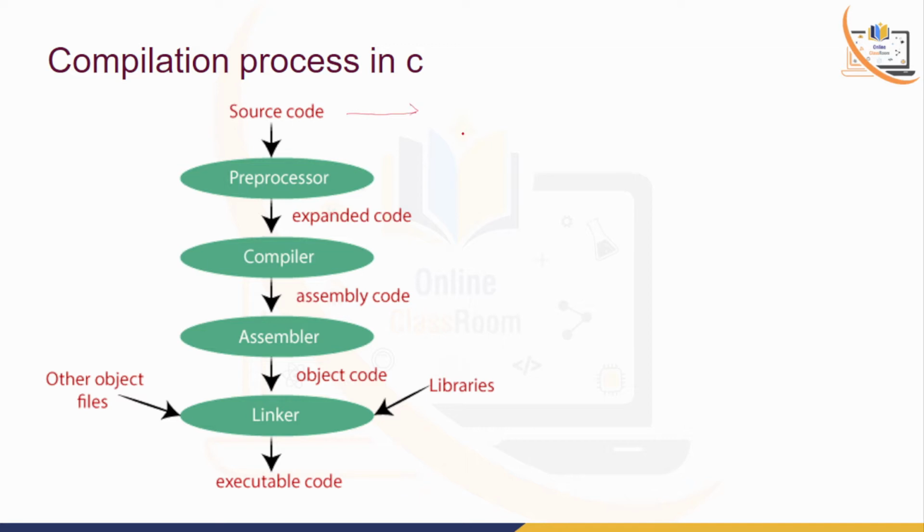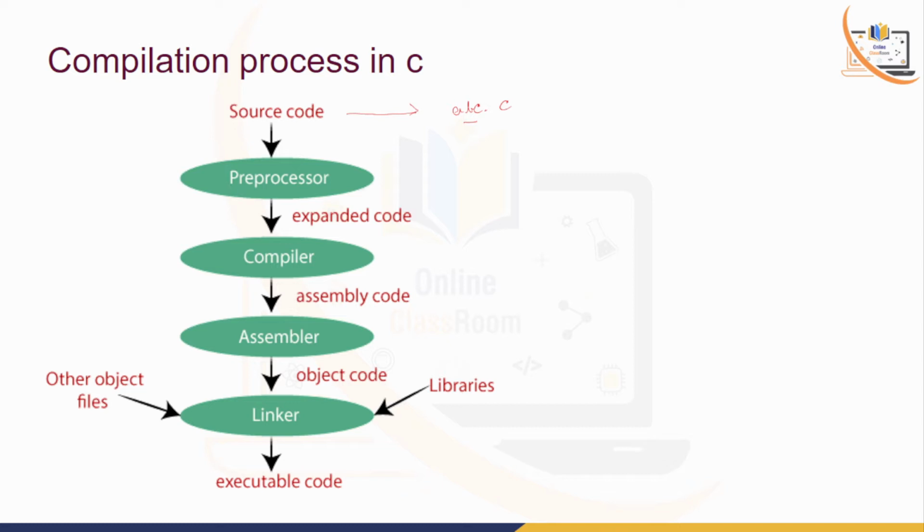Source code means if you write any C program, you have to save it with the .c extension. Suppose you give the name abc.c. So abc is nothing but the program name, and .c is the extension. Now you may ask what an extension is.